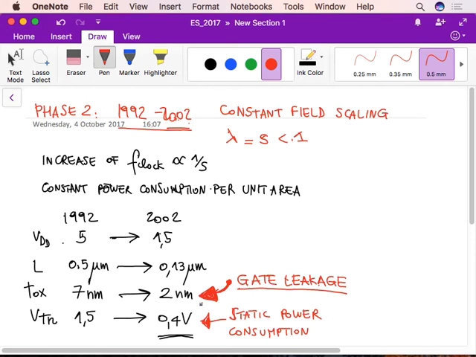Okay, let's say the industry could not reduce the static power consumption below this. It could not decrease the threshold voltage below that number.